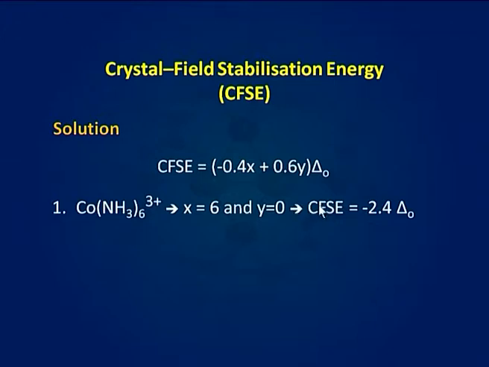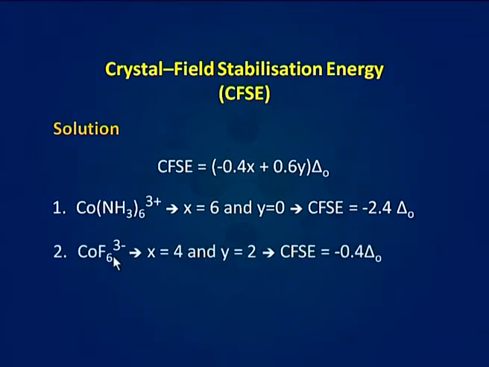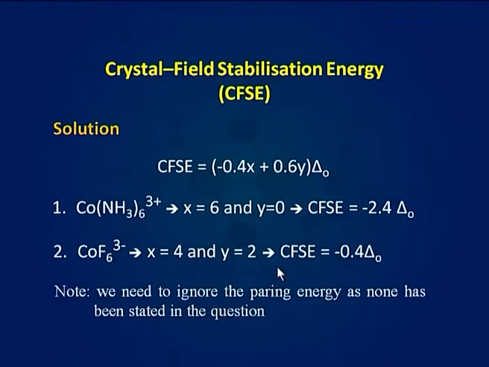Therefore, crystal field stabilization energy will be equal to -2.4 delta O. In [CoF6]3-, x is equal to 4 and y is equal to 2. Therefore, CFSE is equal to -0.4 delta O. You must note that we need to ignore the pairing energy as none has been stated in the problem.